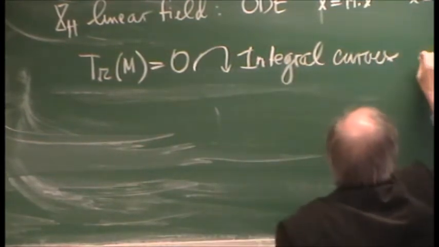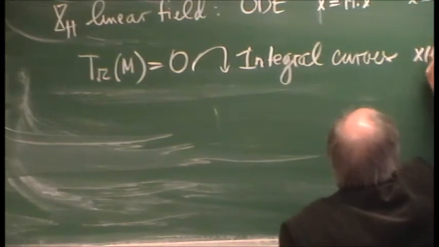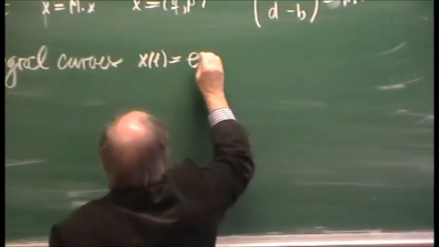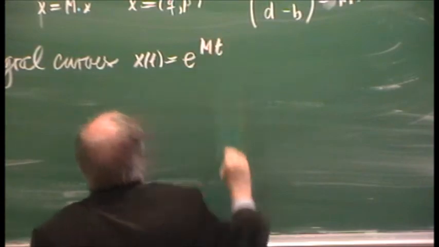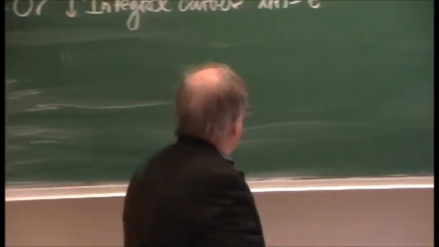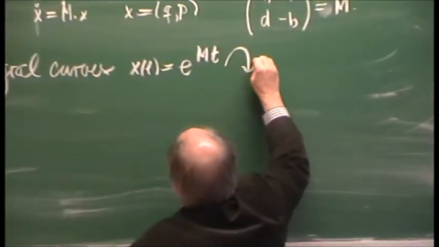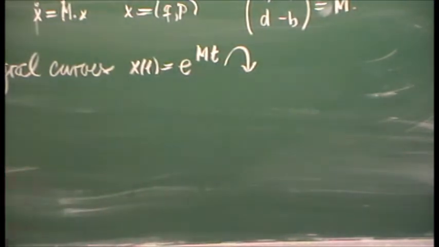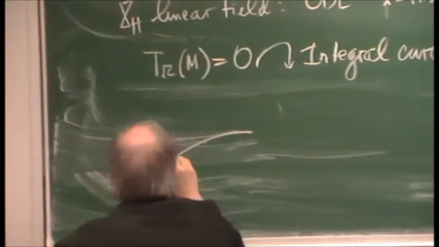We know what they are. They're x of t equals e to the Mt. And I hope we learned a little bit from my lectures that if you have this one-parameter group, that's what you're looking for. You're looking for the solution to this dynamical system.